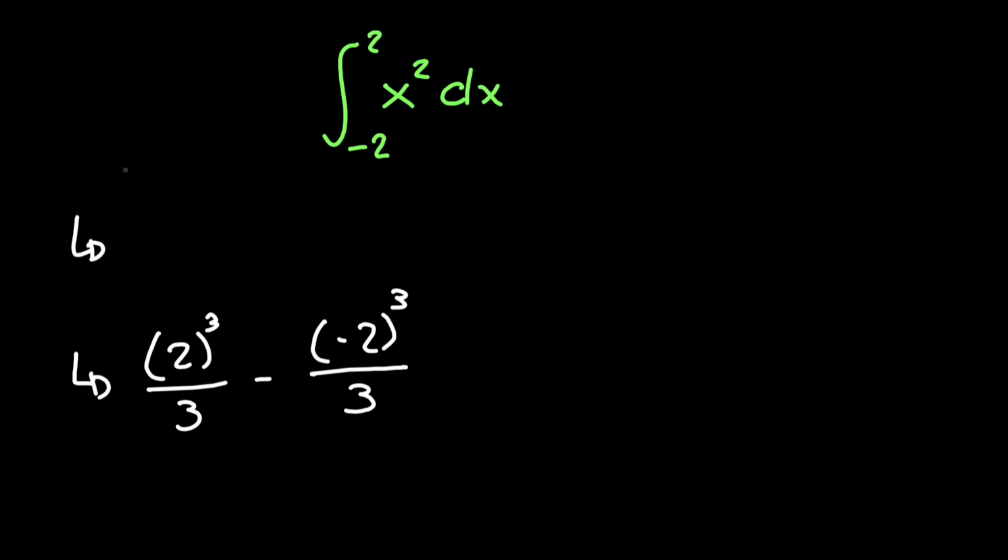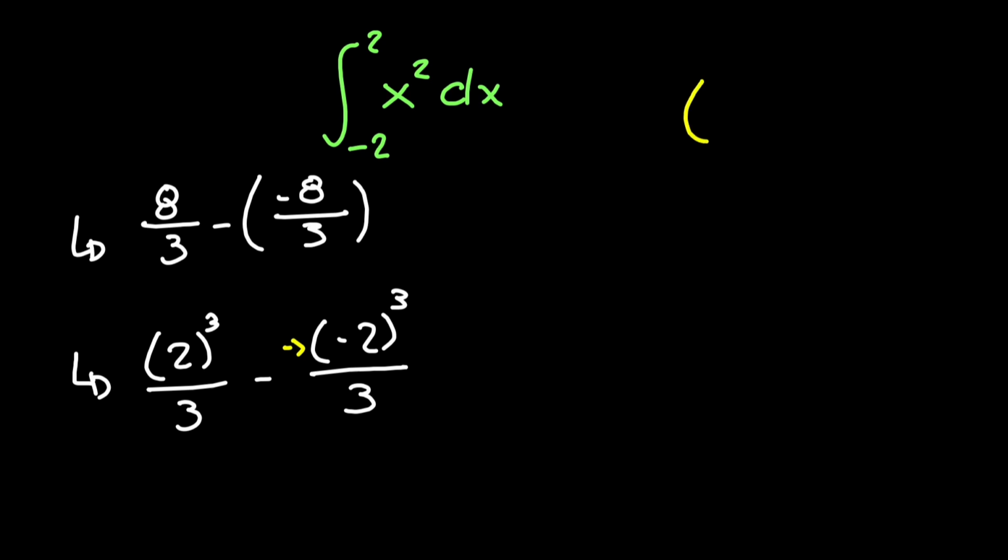And so, focus on here first. 2 to the power of 3 would be equal to 8 over 3, minus negative 2 to the power of 3 over 3. This is simply equal to negative 8 over 3.